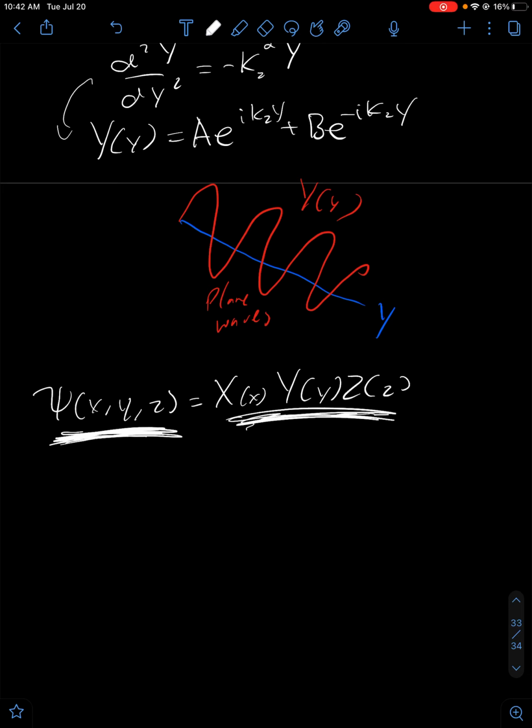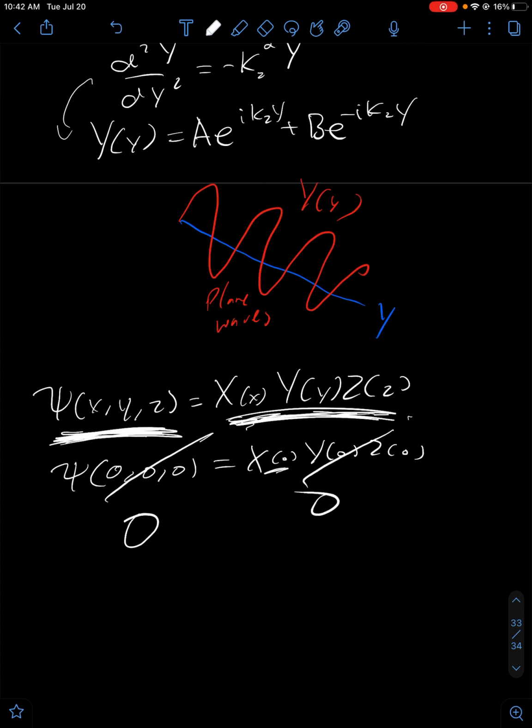And before we normalize it, actually, we have to put in our boundary conditions. And we can also do that for each one of these. Since psi of 0, 0, 0 has to be 0, each one of these has to be 0 when taking in 0 for the respective coordinate.